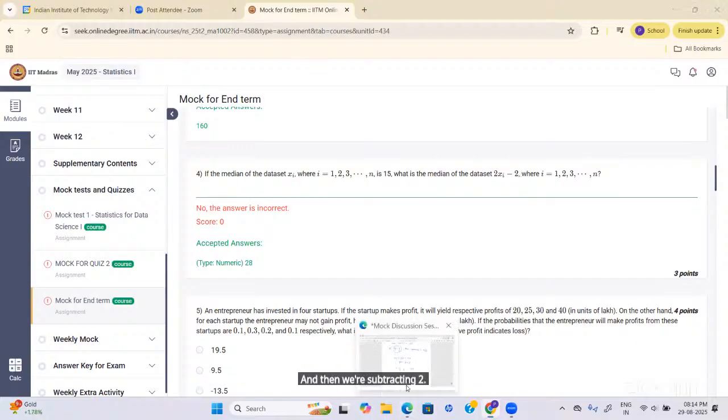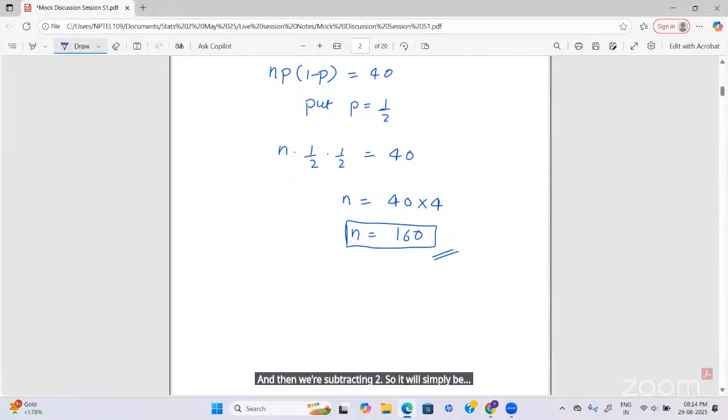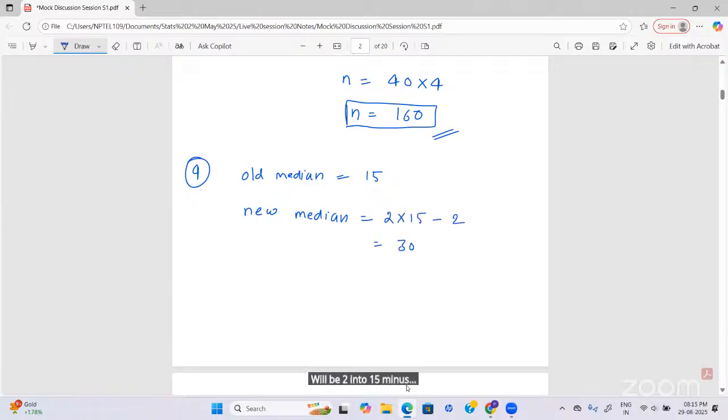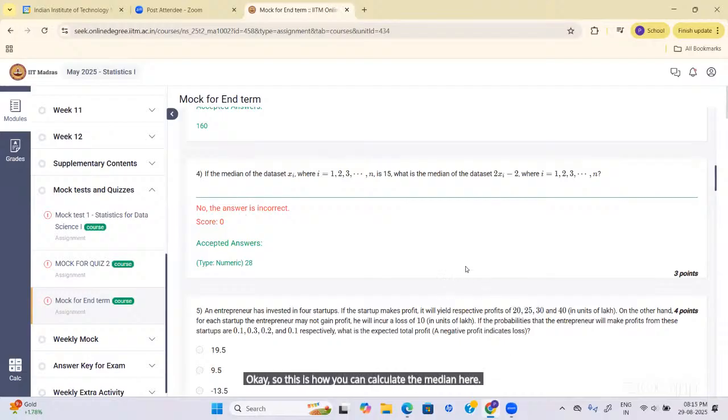So the old median is 15, and the new median will be 2 into 15 minus 2. So 30 minus 2, which will be 28. So this is how you can calculate the median here. Is this clear? Yes, ma'am.